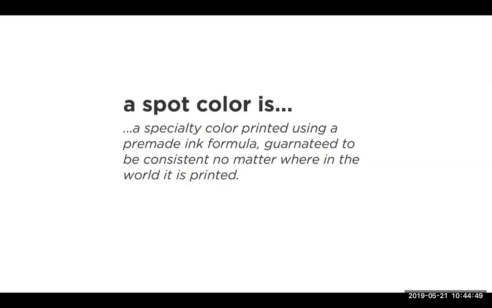But because it's not created by mixing different colors together, so differing proportions of R, G, or B, or differing proportions of C, M, Y, or K, it is guaranteed to be consistent no matter where in the world it is printed, because the color is pre-made. So when you're printing using CMYK, it is almost like the printer follows a recipe where they use a splash of C and a hint of M and a cup of K or whatever. Whereas with spot colors, it comes pre-baked, pre-mixed, and they just grab the spot color and use that.